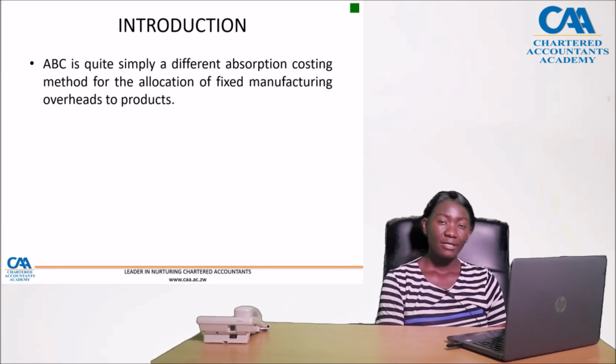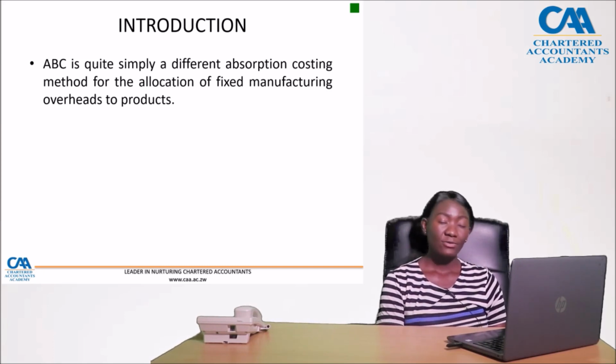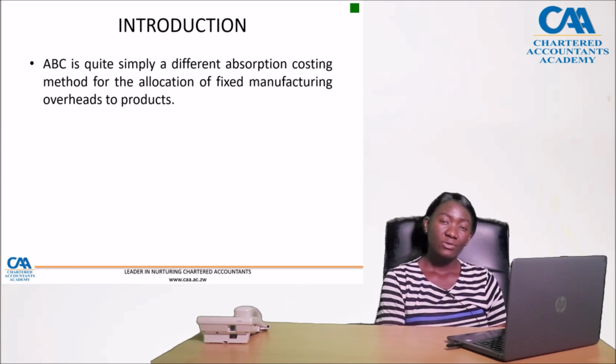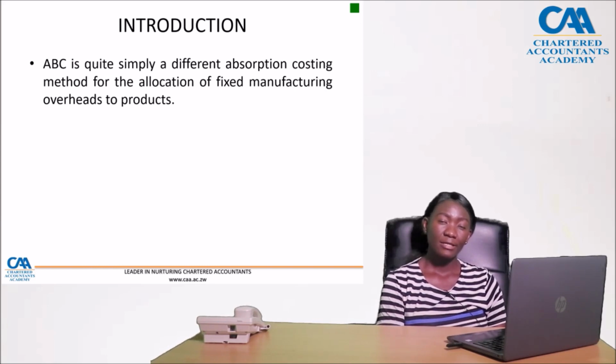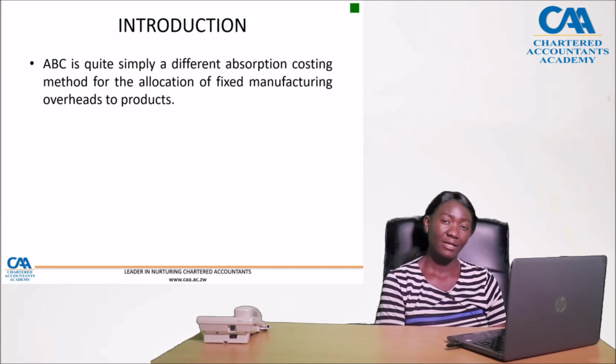For calculating my overhead absorption rate, I would calculate maybe based on number of units, which is my total fixed manufacturing overheads divided by the number of units, or it could be total fixed manufacturing overheads divided by the total machine hours or labor hours, to get what I would call the absorption rate, which could be $1 per unit, $5 per machine hour, or $5 per labor hour.